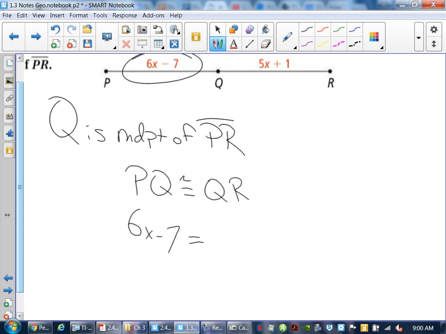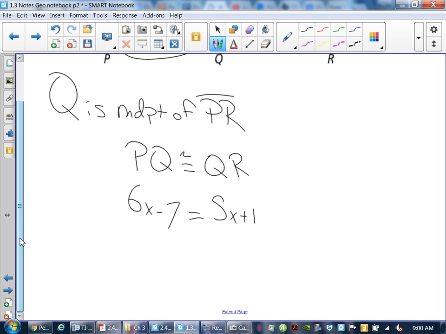And what's the other one? 5x plus 1. So what happens then is that you are able to set up an equation to solve this. By using the definition of a midpoint, you know what two segments have to be equal to each other, and you just fill in the blanks.